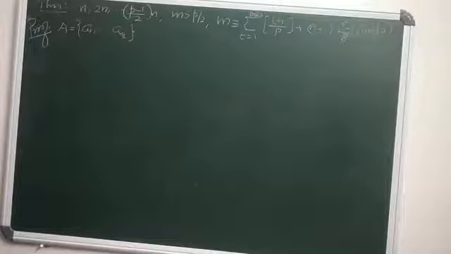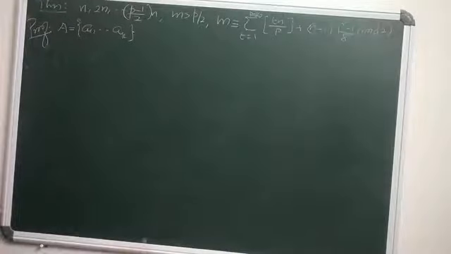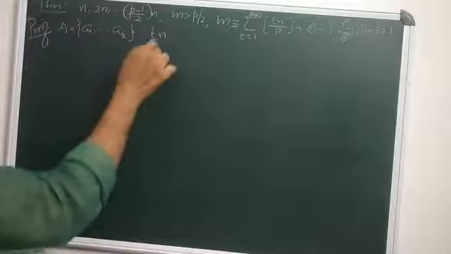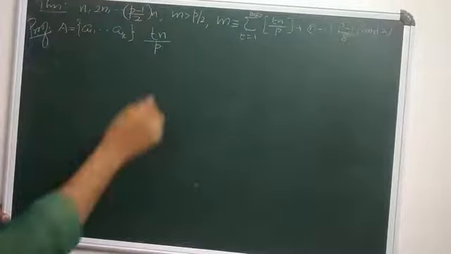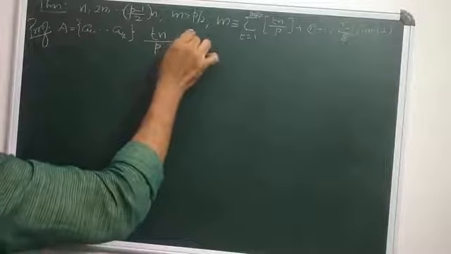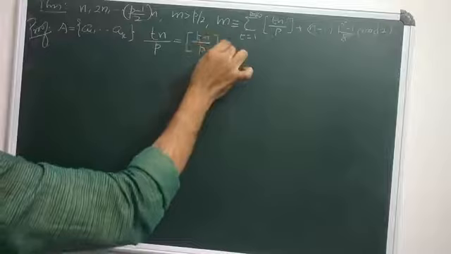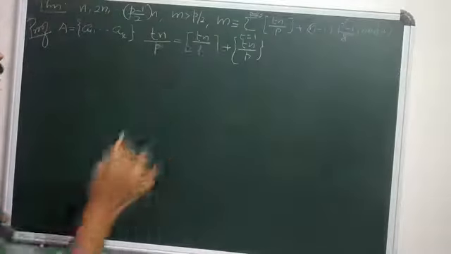Now take a typical number tn, and suppose tn is divided by p. Then tn by p is written as the greatest integer part of tn by p plus the fraction part of tn by p.